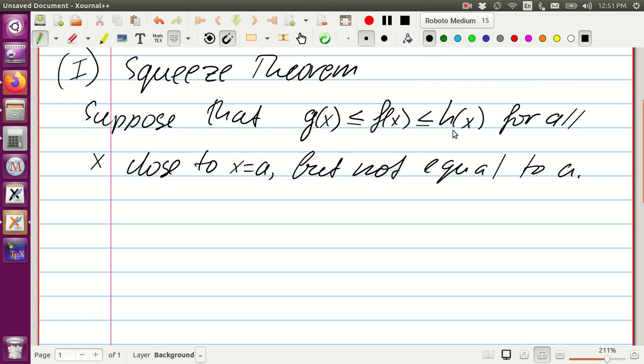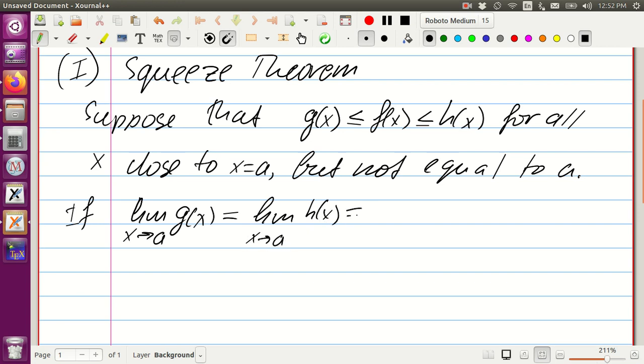It's not crazy important at a. What else do we have to suppose? We have to suppose the following. If the limit of g of x, the function on the left, when x approaches a, is equal to the limit of h of x, the function on the right, when x approaches a, is equal to some number L, so they're the same quantities, then what can we say about the limit of the middle function?